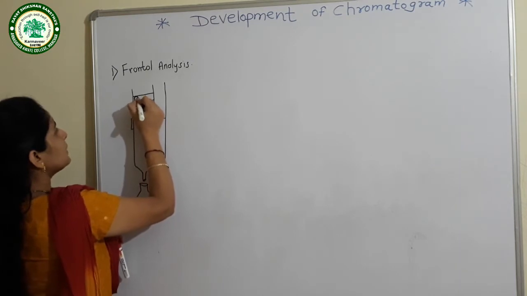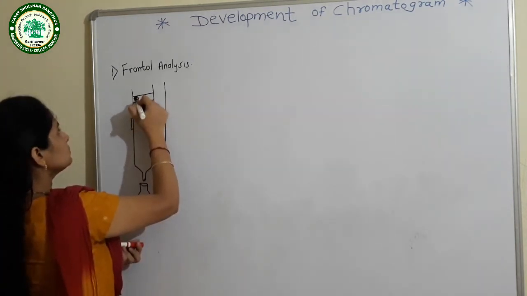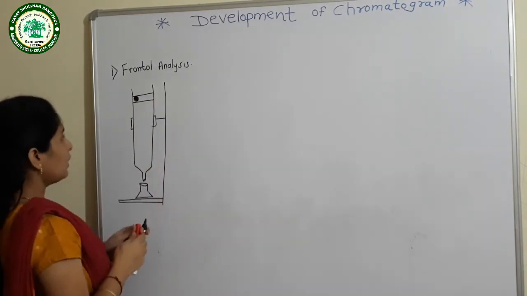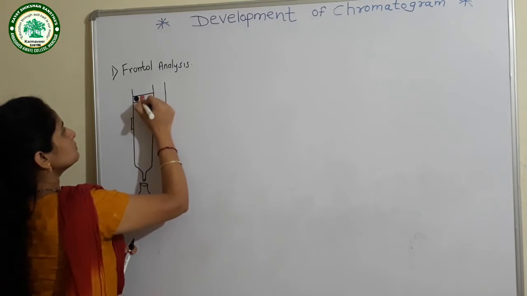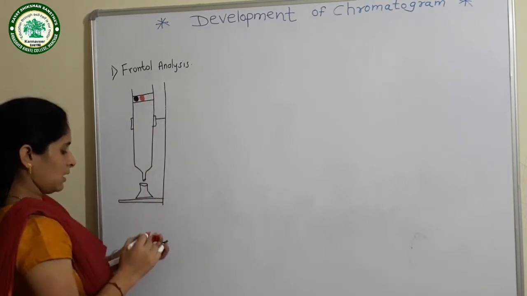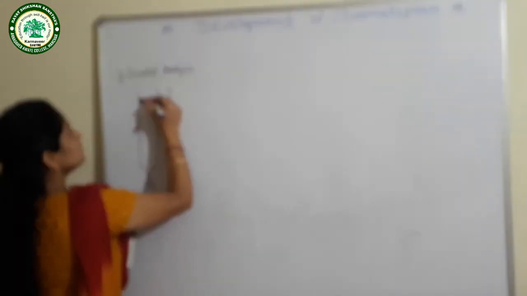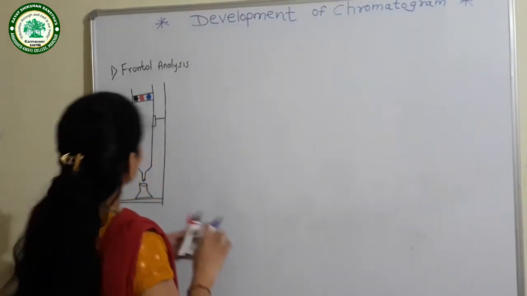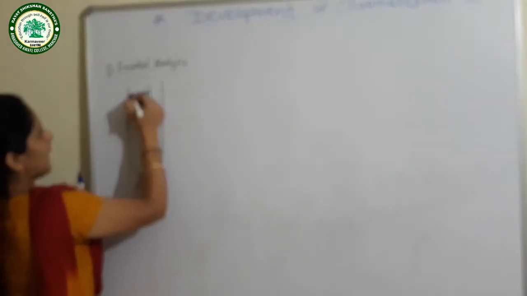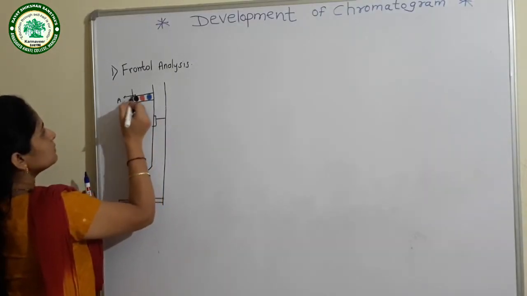This black color is our first component. Red color is our second component. And the blue color is our third component. Now we will name these components. This black color is our A component.